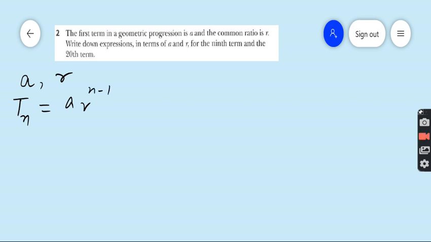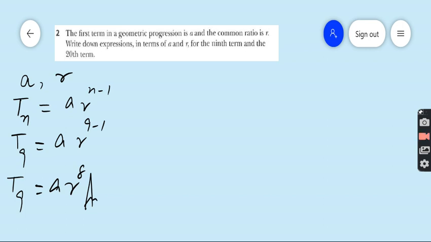Here n is 9. So T9 = a r^(9-1), so T9 = a r^8. And this is our answer because we have to give the answer in terms of a and r.